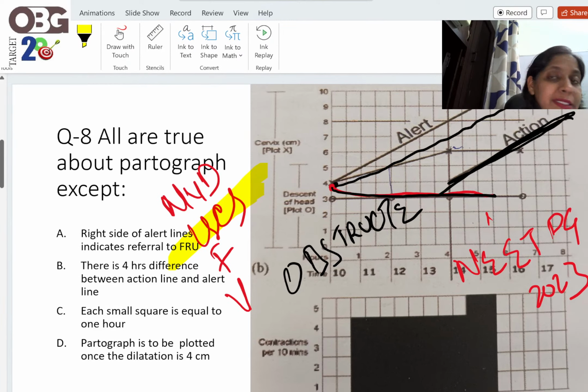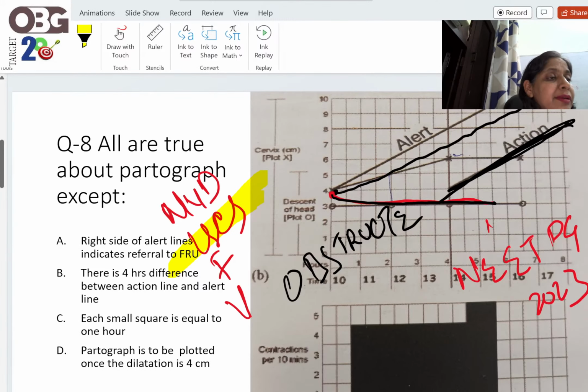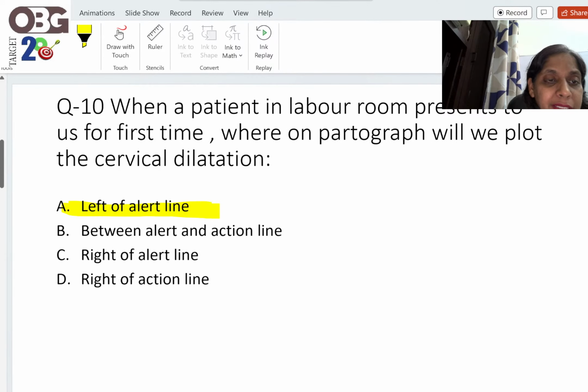The cervix is fully dilated and there is no descent for such a long time. The reasons can be CPD, brow presentation, deep transverse arrest, but the exact diagnosis, Nimra, is obstructed labor.